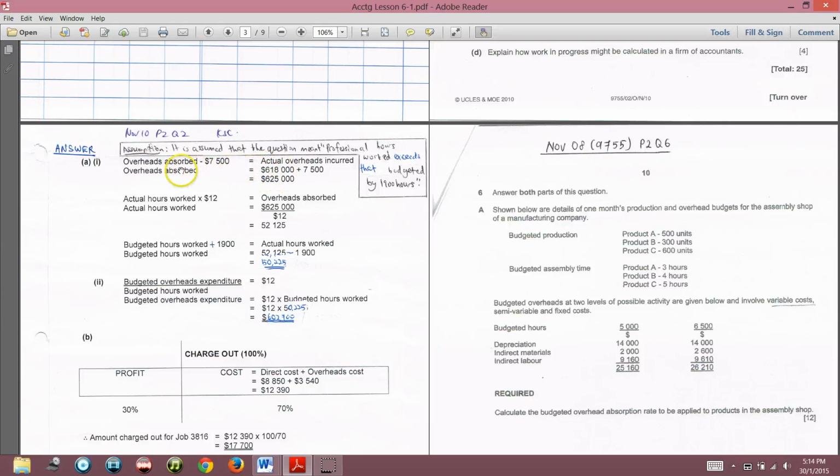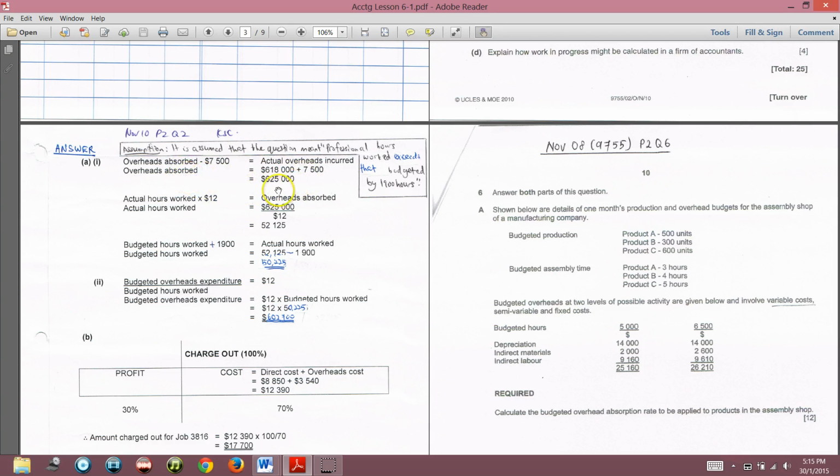Because overhead is over absorbed, the overhead absorbed exceeded the actual overhead by 7,005. So the overhead absorbed is the actual overhead, which is 618,000 as given in the question, plus 7,005.